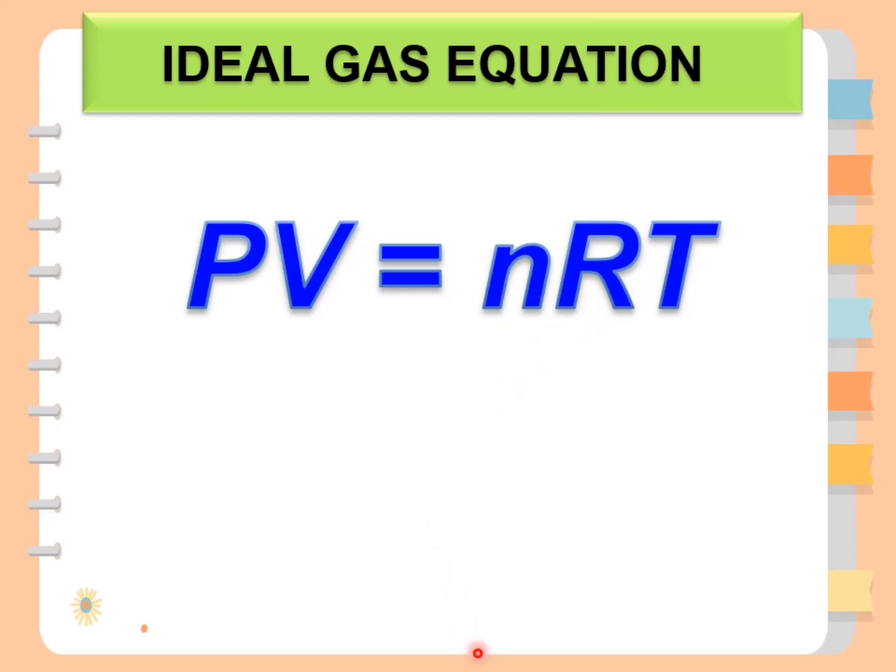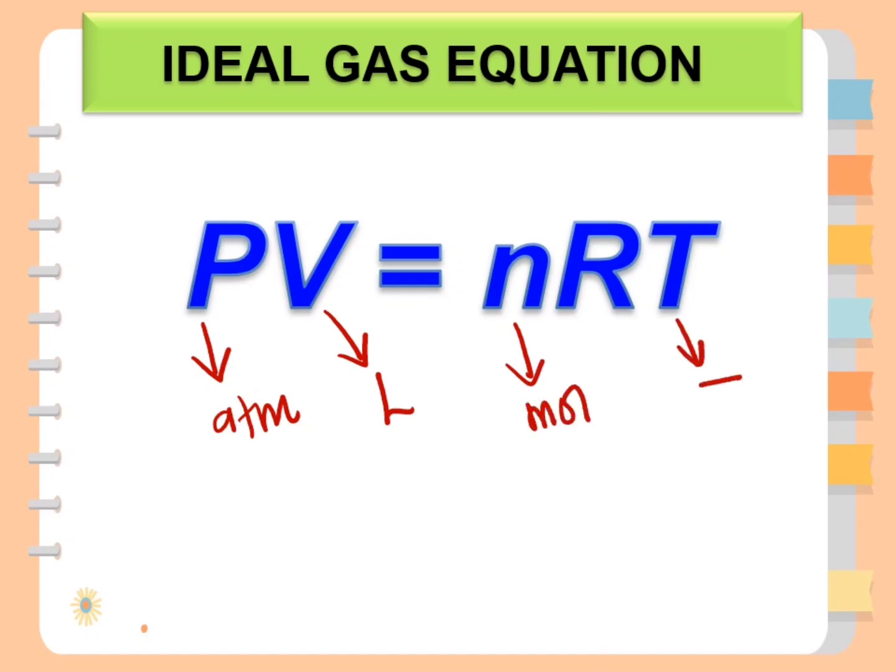What I want to explain to you about this ideal gas equation, you need to know that before you use it in the calculation, the unit of pressure should be in atm, while the unit of volume should be in liter, and macam biasalah number of mole, and the unit of temperature should be in Kelvin.